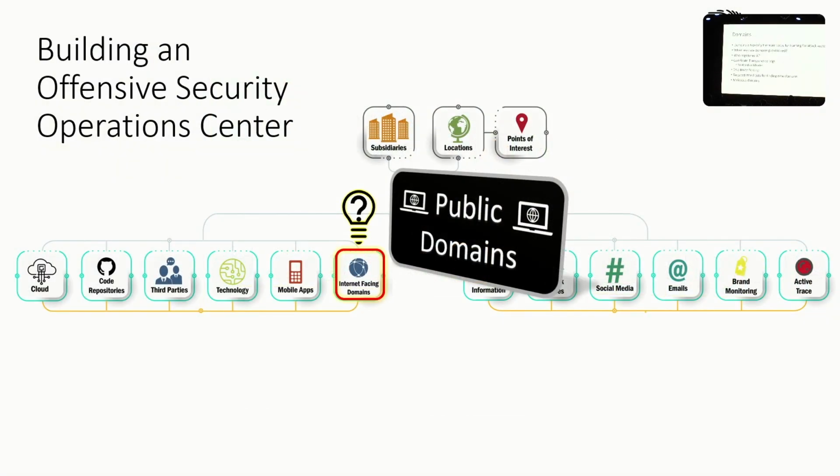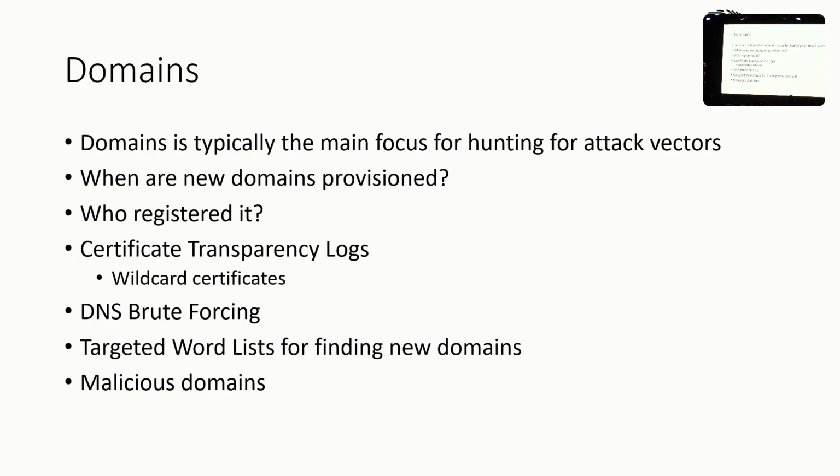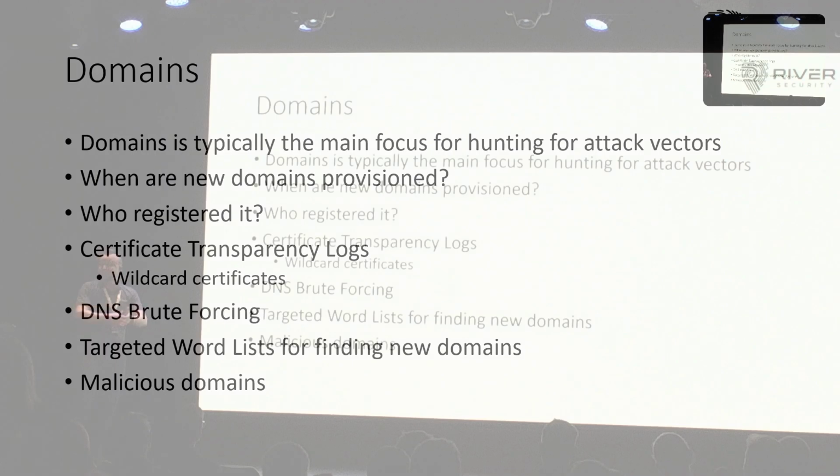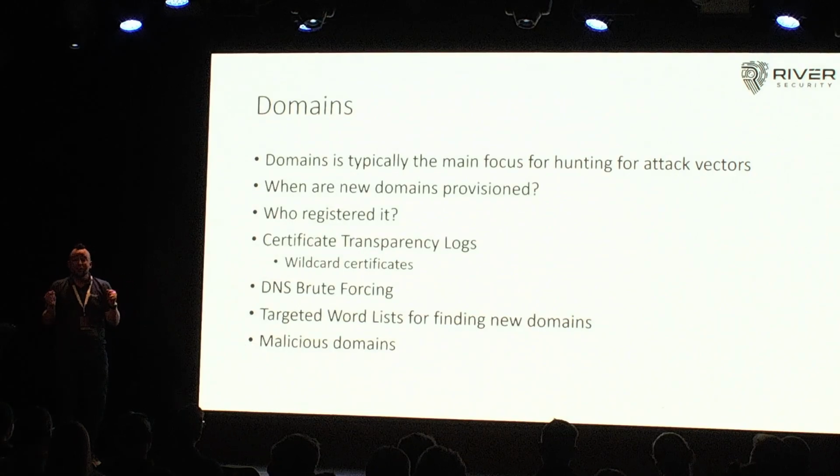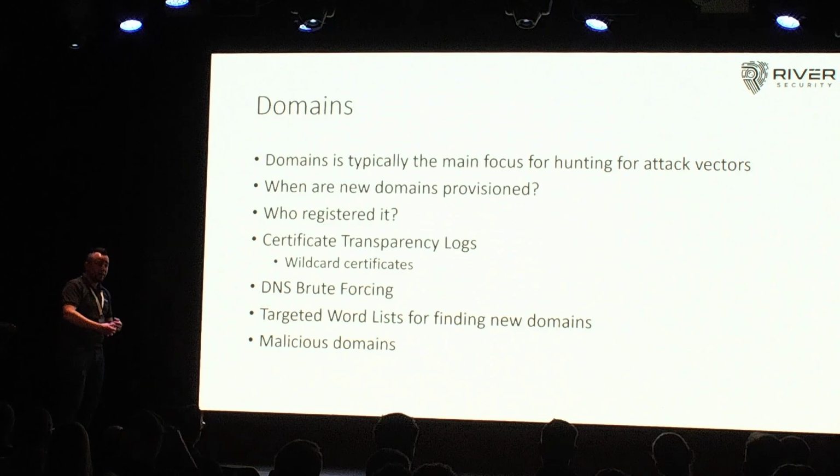Well, a domain for many attackers is a starting point. It is associated with an IP address typically, and there are going to be network services hosted on it. Of course, we want to find domains because there's typically functionality behind them that we can try to break. So we look at new domains provisioned, trying to figure out when a new domain or subdomain is created on behalf of a customer.